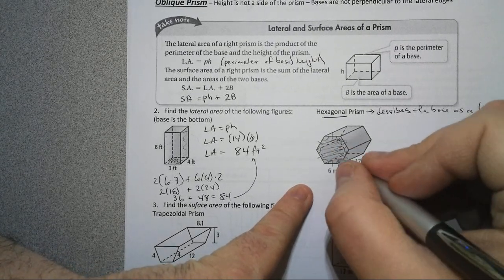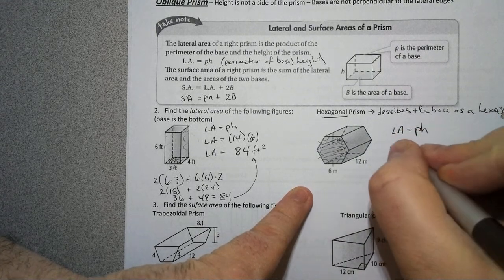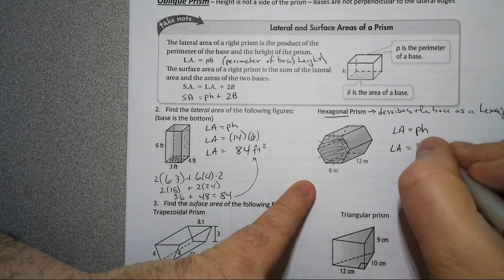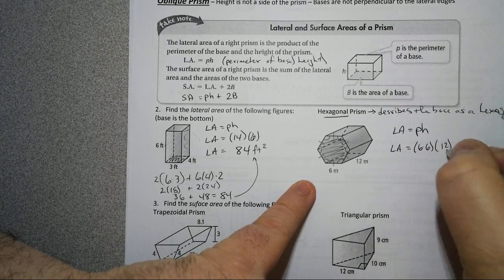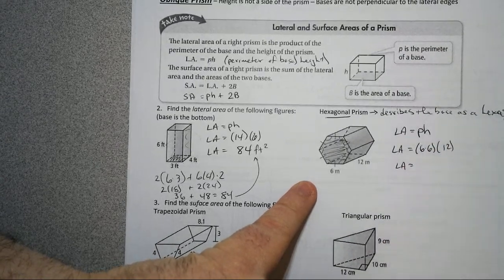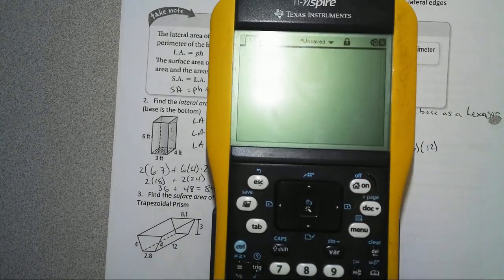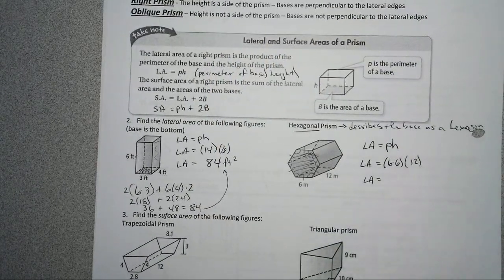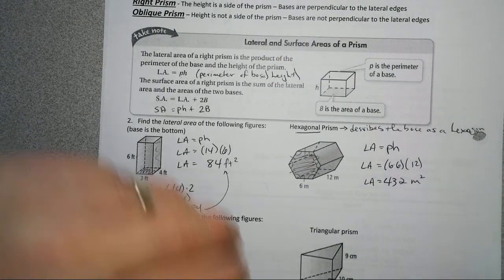So there's 6 sides of 6. So lateral area equals Ph. So 6 times 6 is 36, times the height, which is 12, and then we just multiply. So, there you go. And we should get 432. Remember, it's still area, so it's still units squared.